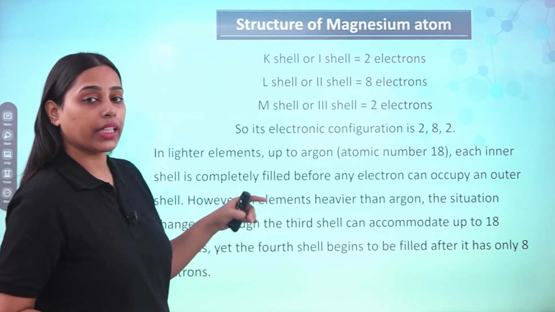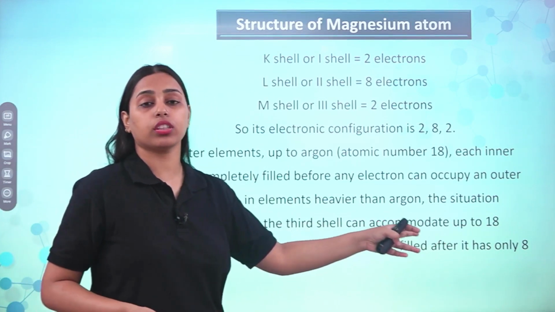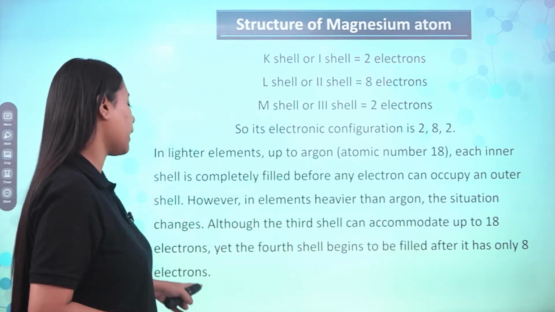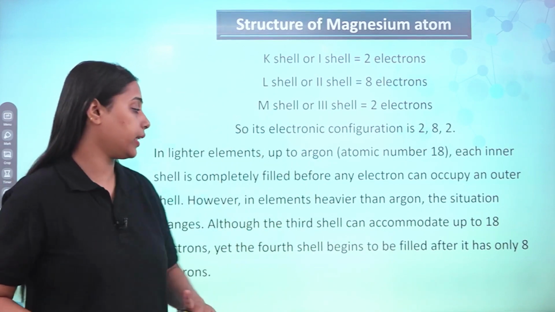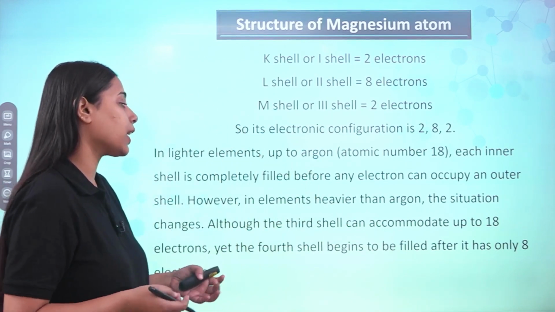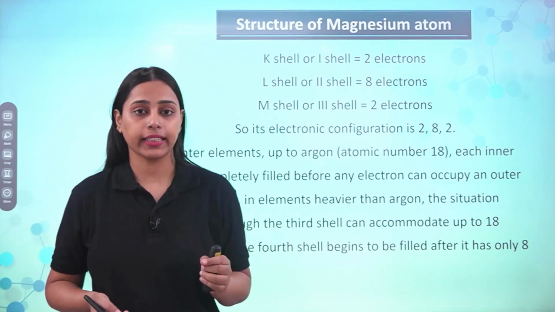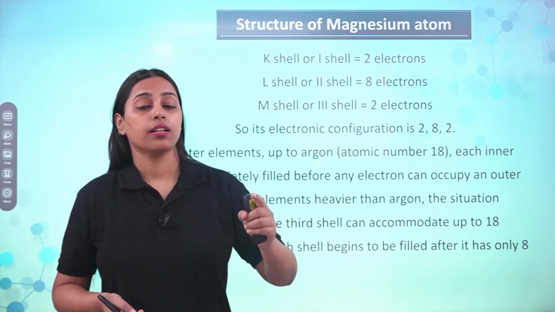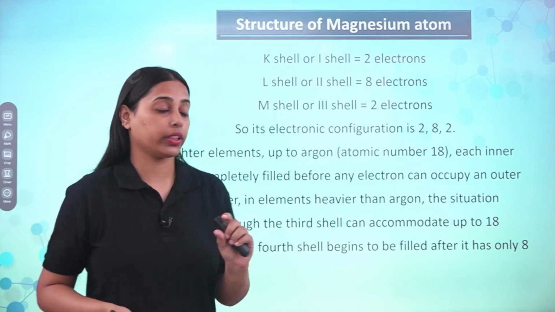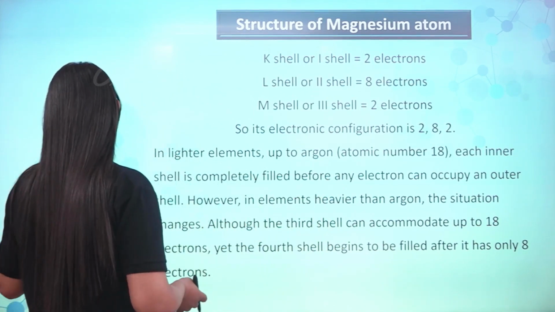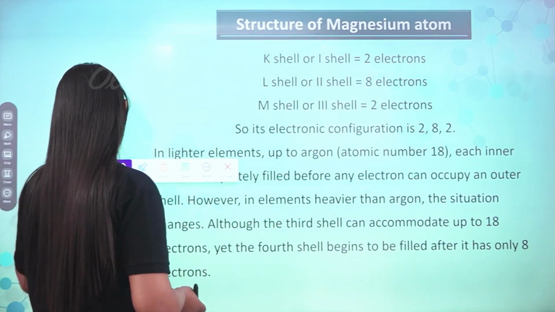Although the third shell can accommodate 18 electrons, the fourth shell begins to be filled after the third has only 8 electrons. While writing the configuration, the third shell can have 8 electrons only, and it will not exceed 8 electrons.